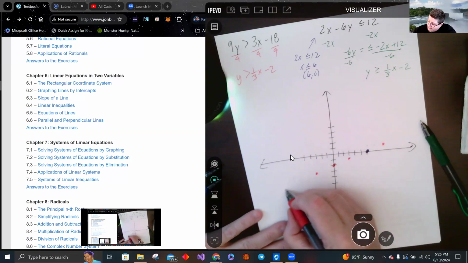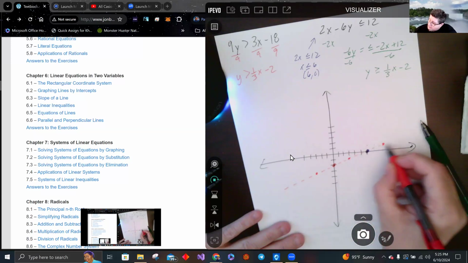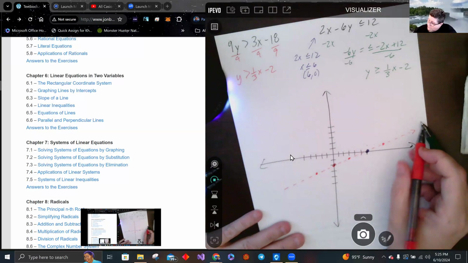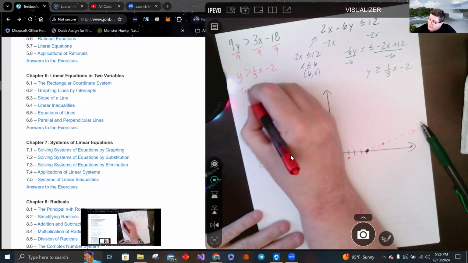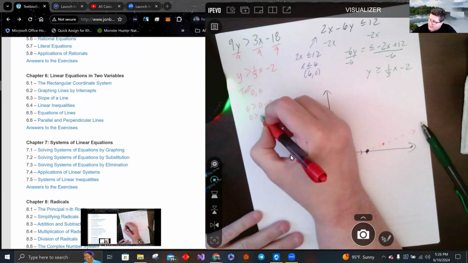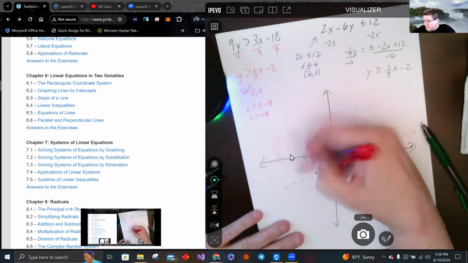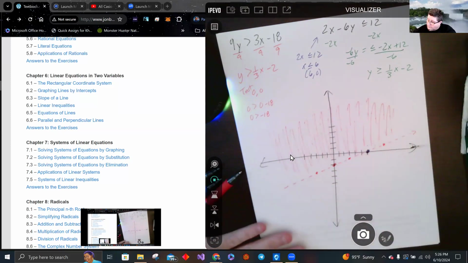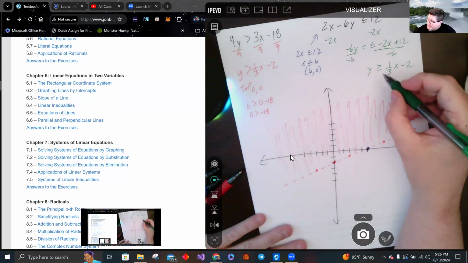All right, so for the red line, it's dashed or dotted. And if I test 0, 0, I have 0 is greater than 0 minus 18. 0 is greater than -18, that's true. So we shade upward. On this one, we test 0, 0.